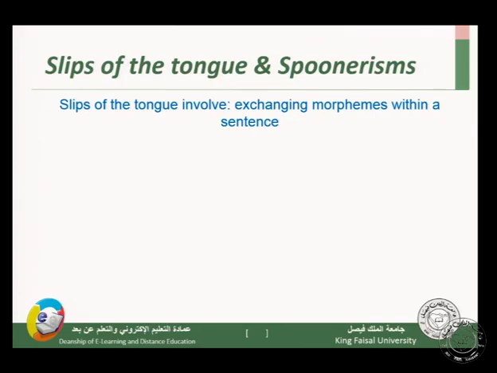So in sentences, you have morphemes. You know the meaning of morpheme. It is the smallest meaningful component of language. For example, the word camera. The word camera is a morpheme.